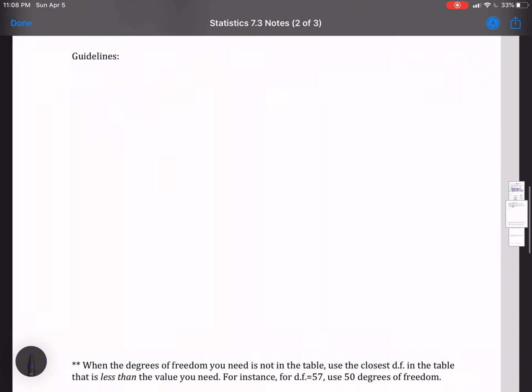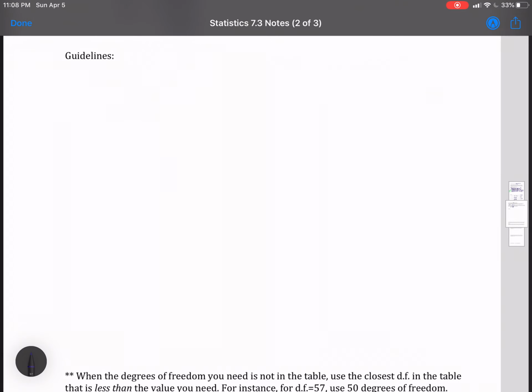So our guidelines, or our steps for hypothesis testing, are going to be very similar to what we saw in 7.2.